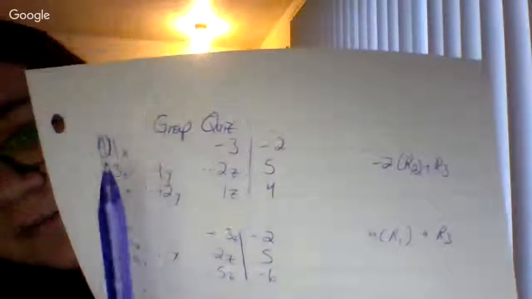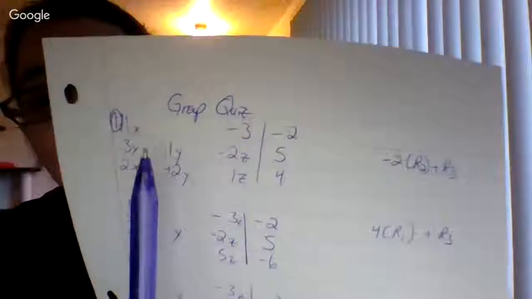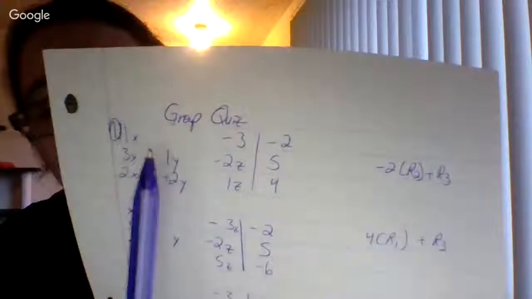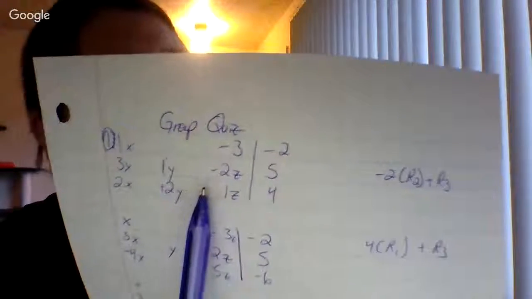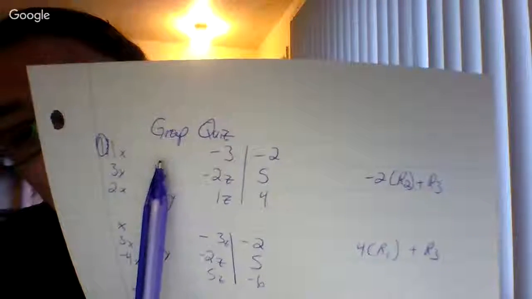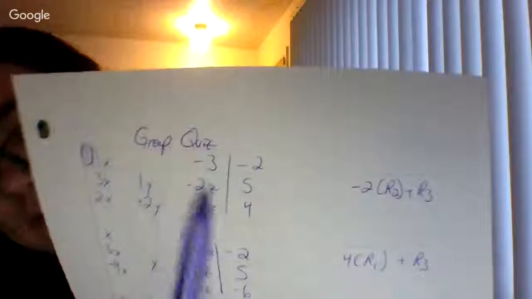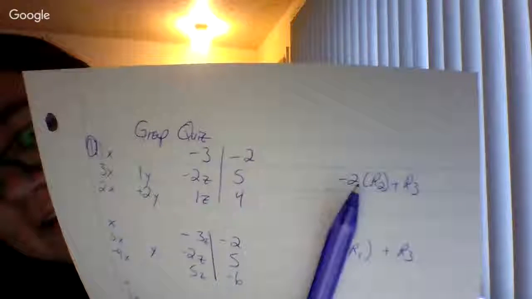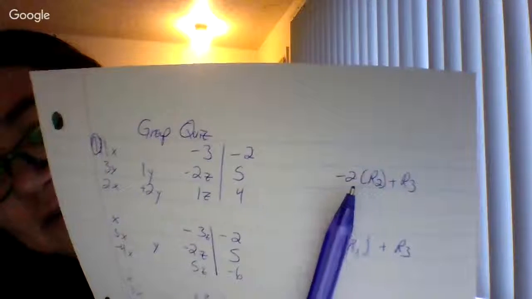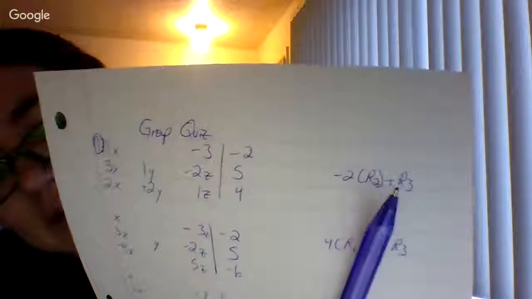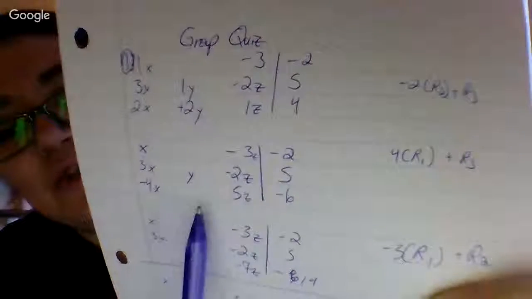So let me see. Here is starting out with the 1x and so on. But you'll see in the first row we don't have a y value, so that one's blank and canceled out. For this one, I multiplied R2 by -2 and added it to R3, which gave me a new R3 row.